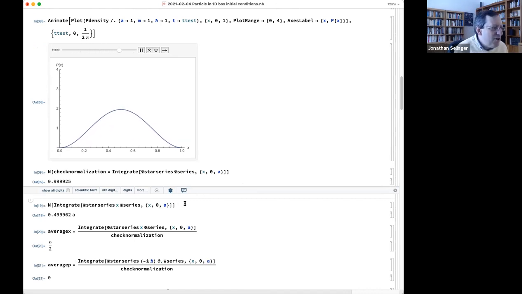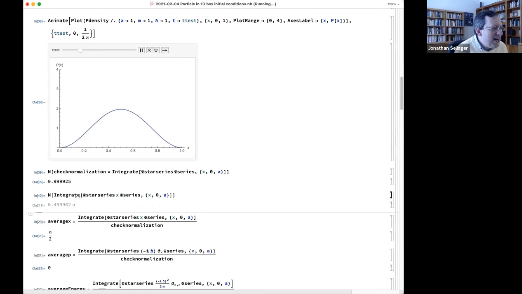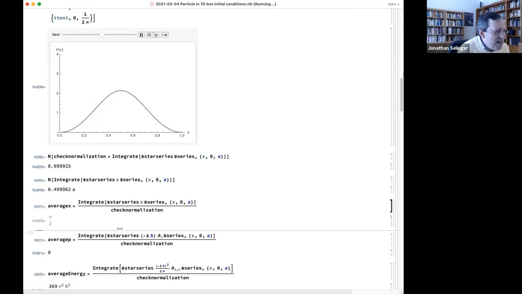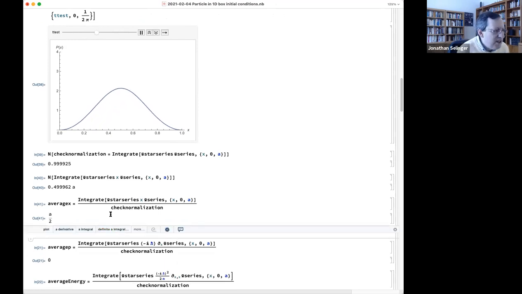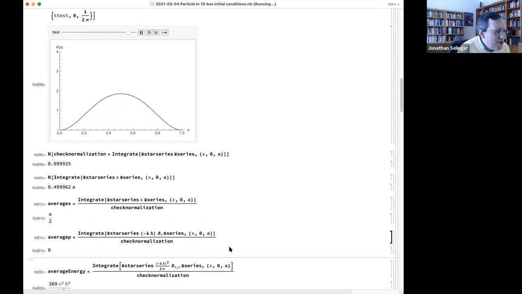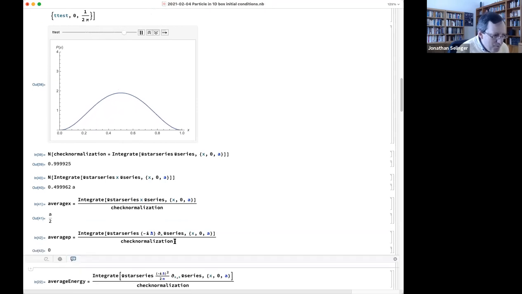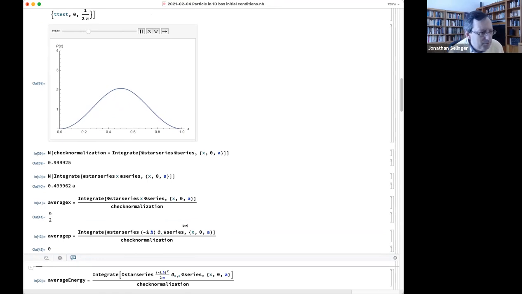So we do need to be careful to divide by that normalization factor that is close to 1. And when we do that, we can see that the average x comes out to be a over 2. It's right in the middle. That's what we would guess. The average p comes out to be 0 because the average x is not changing.